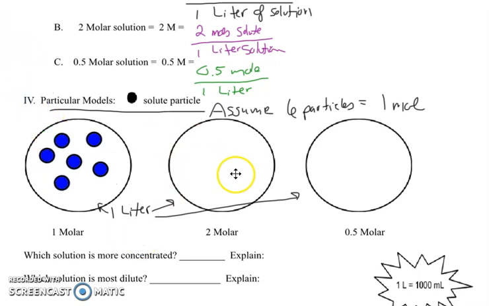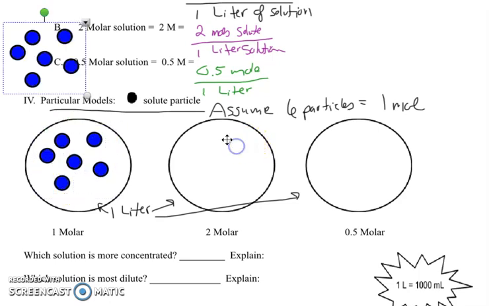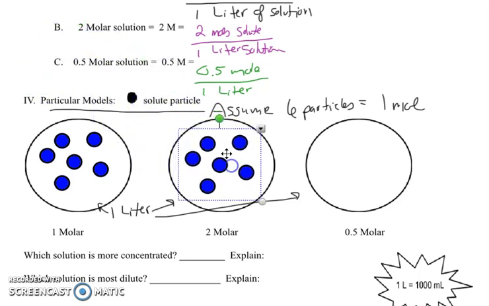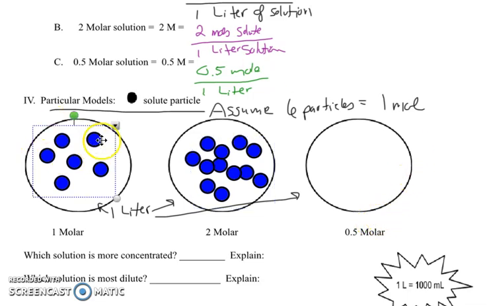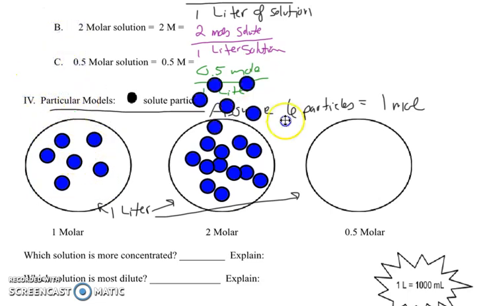So how many particles do I need in my 2 molar solution? Well, I need twice as many moles. And from my previous part, I would know that that would be double, so that's going to be 12. So I need to have 12 particles of solute. And now if it's only a 0.5, I need to have 3.